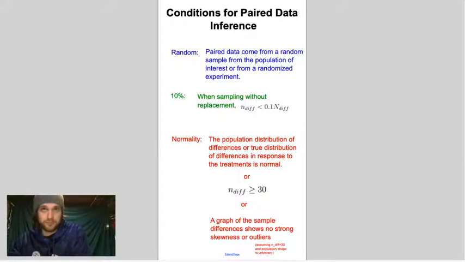When sampling without replacement, you need the sample size to be less than 10% of the population from which you are sampling, and everything else down here operates as we have done in the past.